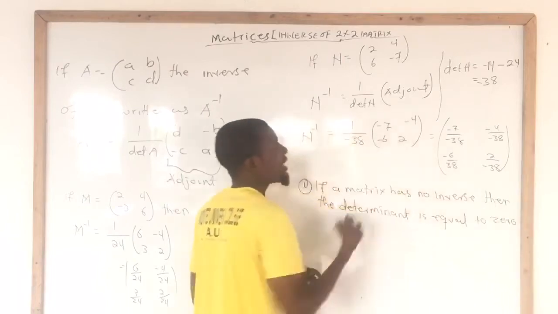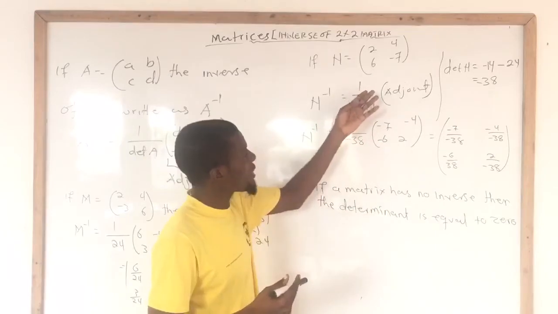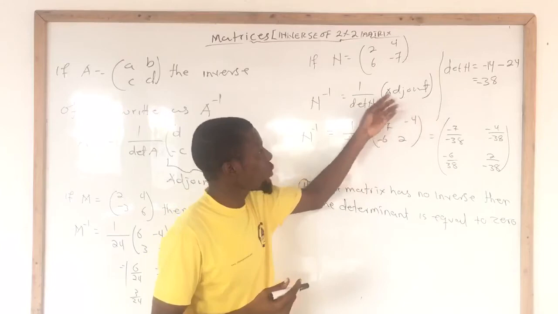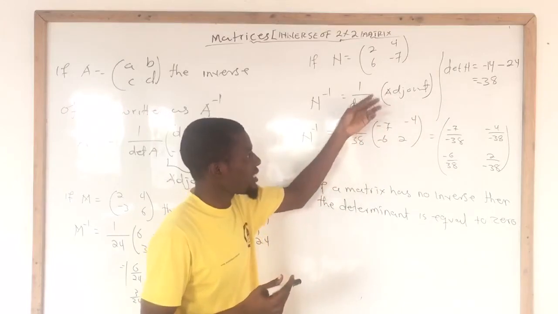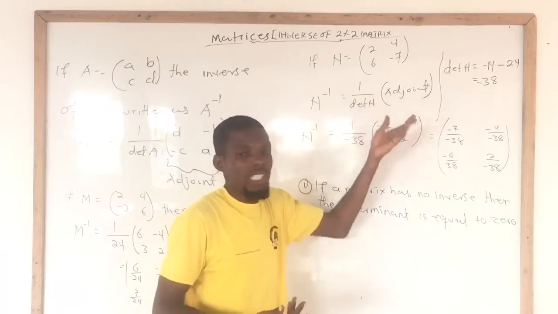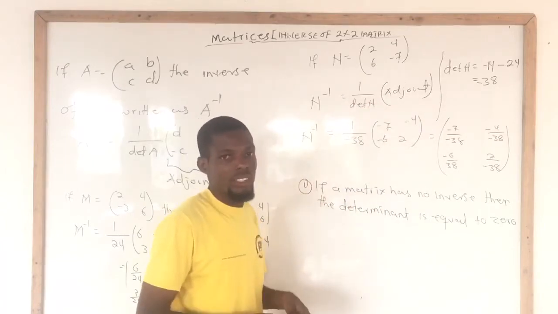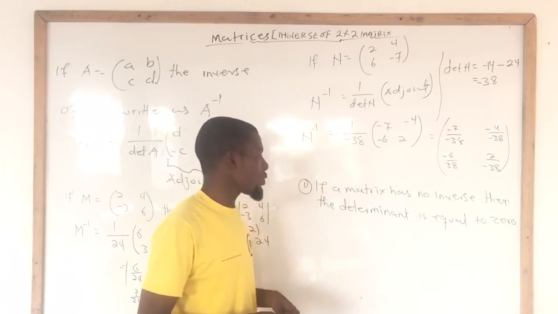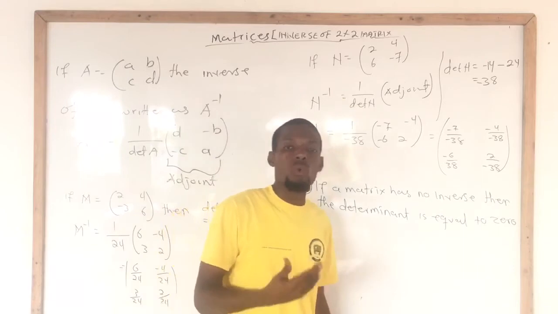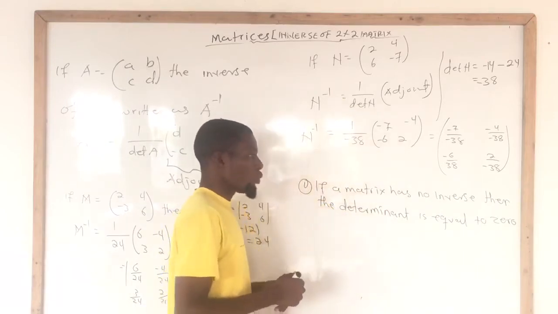Of course, you can clearly see it here because the inverse is 1/determinant times adjoint. So if the determinant is 0, it means the matrix will have no inverse, because 0 times any number becomes what? In fact, it's even undefined. You get that? So if a matrix has no inverse, it means the determinant is equal to what? 0. Okay? So I want you to note that.